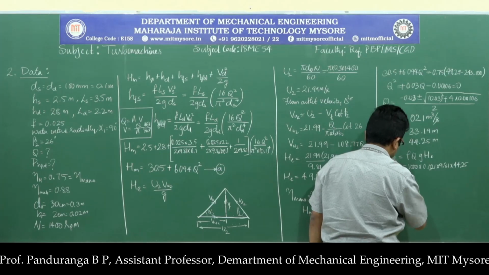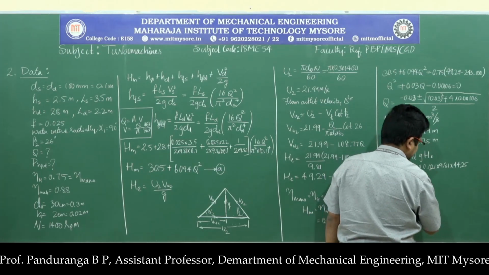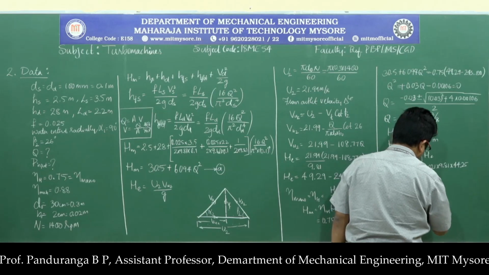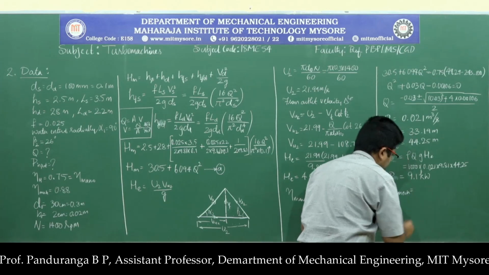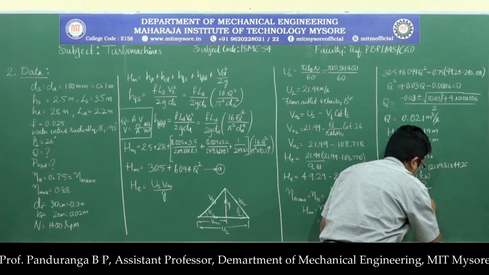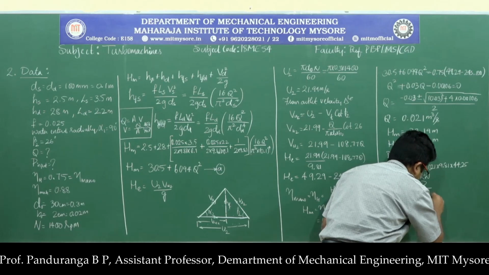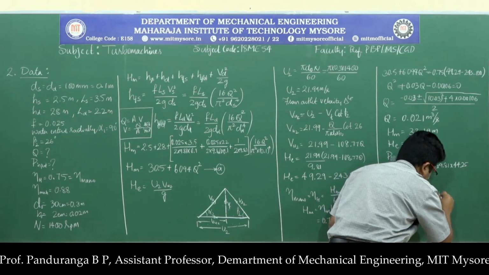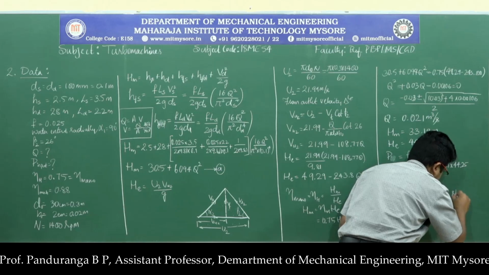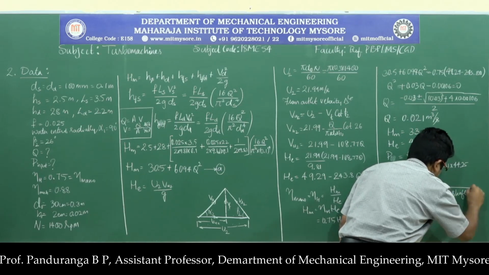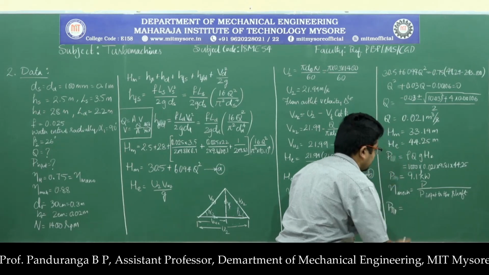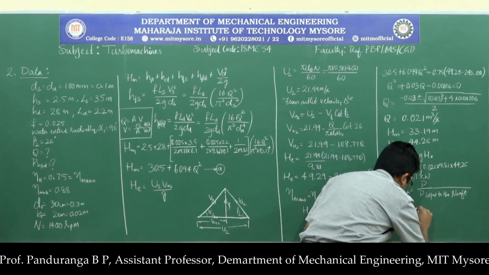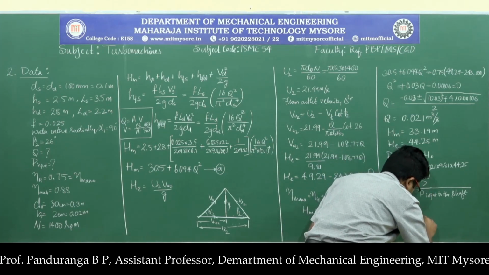So the power developed for the water, I'll just call it as P, will be equal to 9.1 kilowatts. The mechanical efficiency eta mech will be equal to power developed by the water divided by power input to the shaft. So power input to the shaft will be equal to power developed divided by mechanical efficiency.